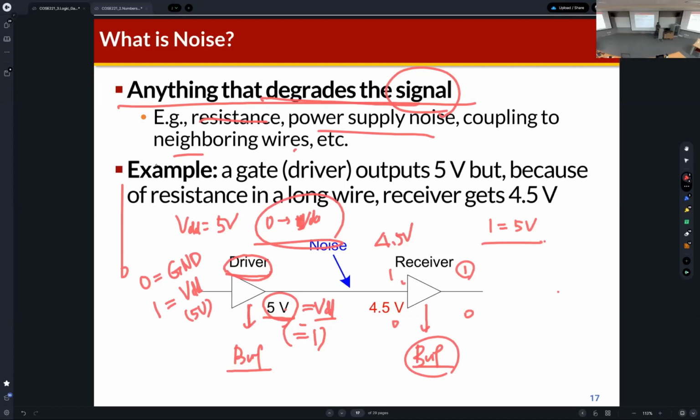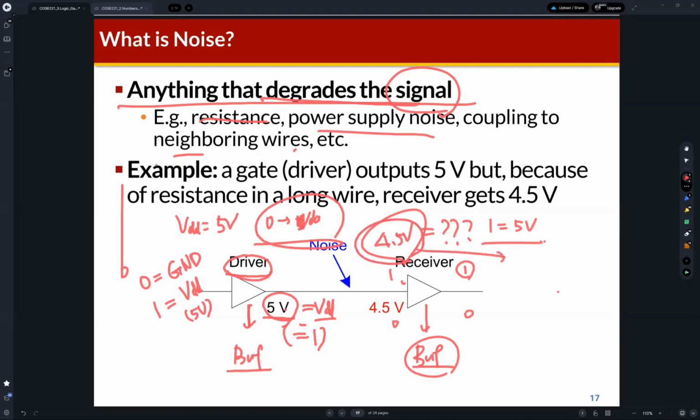How about the 4.5 volt? We think that 5 volt is 1, but how about this one? We don't know. So we need to decide how to convert this level into a digital value, like binary data. We need to decide the conversion rule.